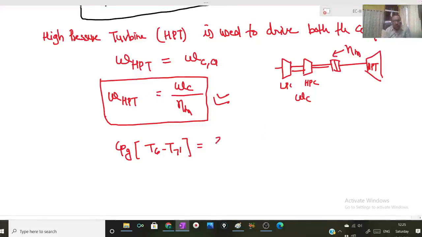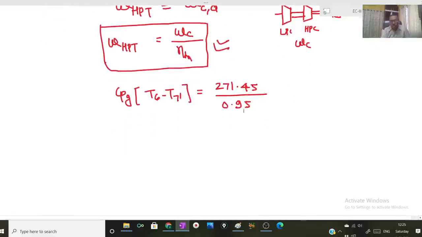So 271.45 divided by 0.95. This will be the actual compressor work input considering the mechanical efficiency of the coupling. CPG is 1.15, T6 is 698 minus T7 dash.